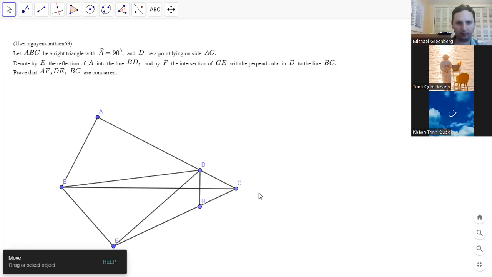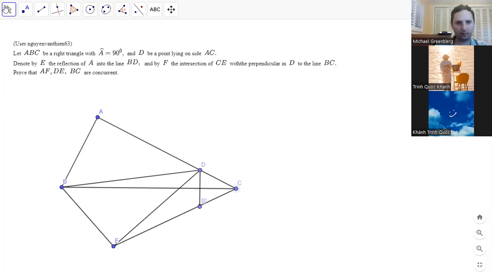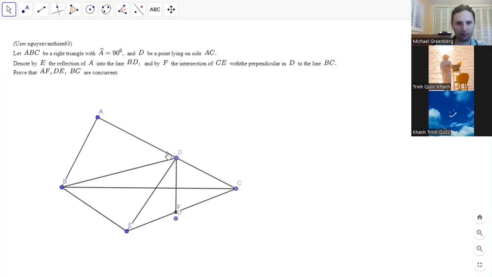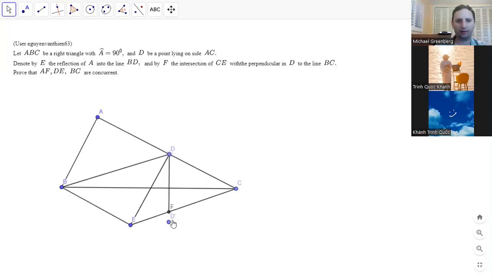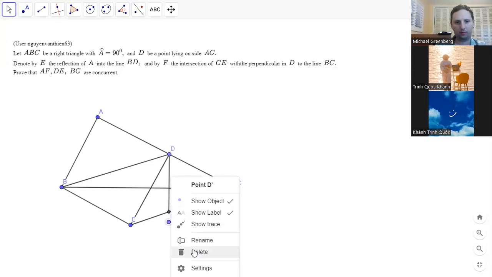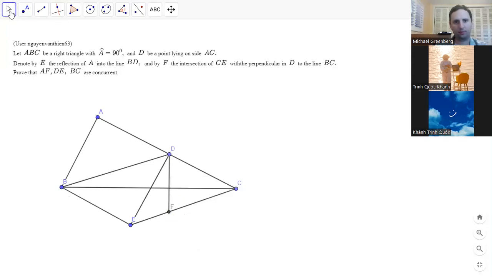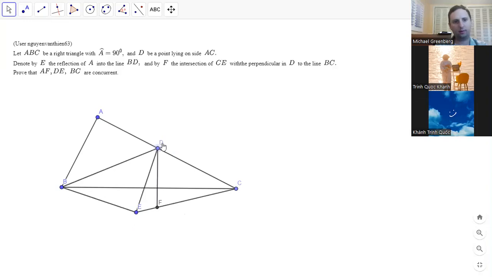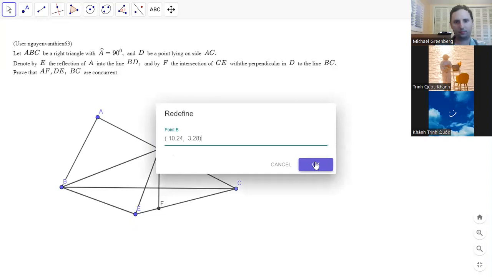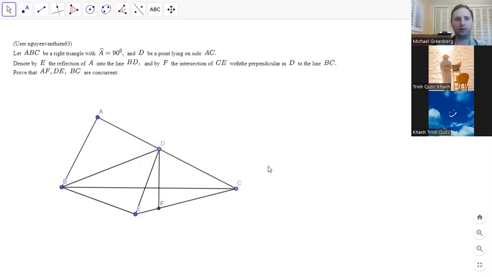It might just be a trick. So if I move D around, okay, not necessarily. So yeah, F is not necessarily the reflection of B across BC. Okay, so we want to show that these concur.